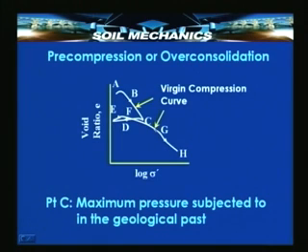Whereas, any soil which starts at this point would have already undergone compression to this level and would have, that means, experienced a peak compression pressure corresponding to point C. This means that from this graph of loading and unloading, it is possible to find out what is the pressure to which a soil has been consolidated in the past.